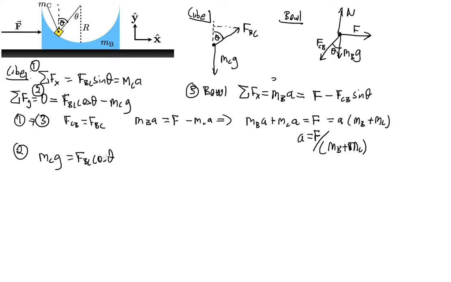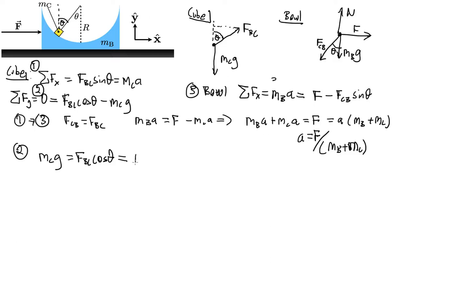And since I know where I'm going with this problem, I've got to get that theta. I'm trying to find an expression that allows me to figure out what theta is. And I do know something about theta. I know FBC sine theta is the mass of the cube times the acceleration. I already know the acceleration, so it seems like a good direction to go.